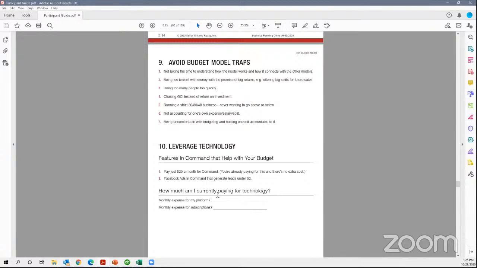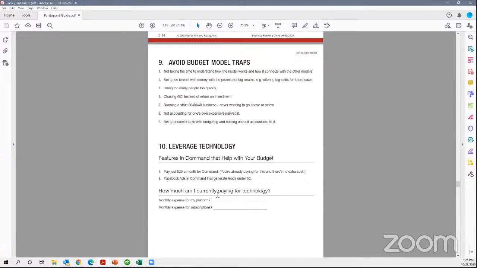Another question you can ask yourself is, what are you spending for your platform, for your subscriptions and technology? How much are you spending each month on a CRM if you're not using command? How much are you spending on other technology, other marketing tools, other things to help you track your business? If you're not using command and you're using all these other third party, what they refer to as bolt-on technology, I want you to find out what the monthly cost is.